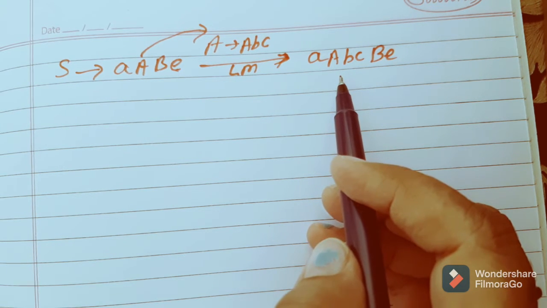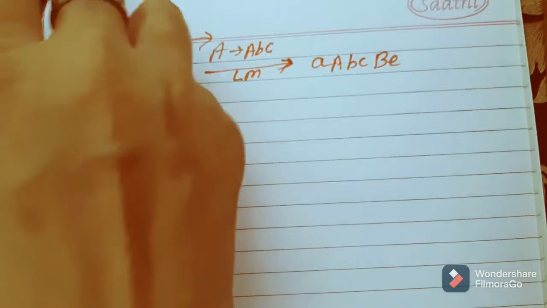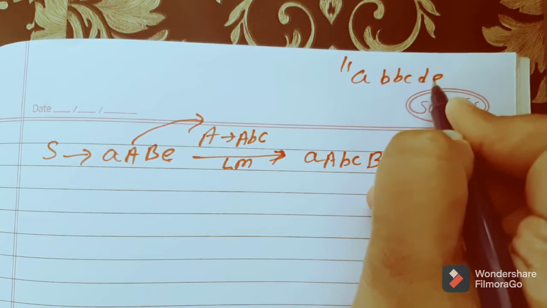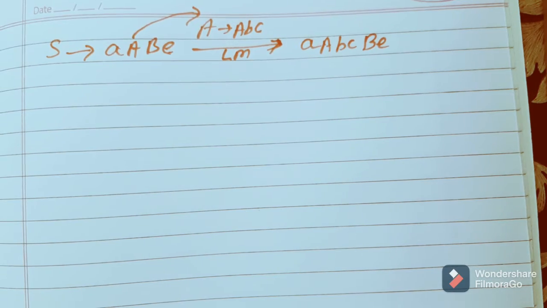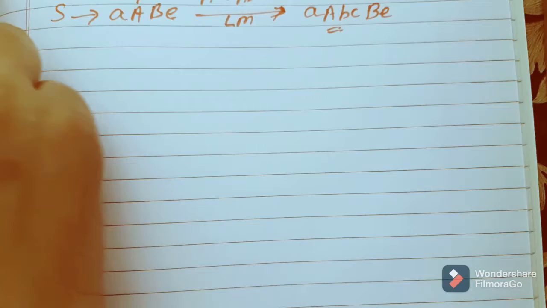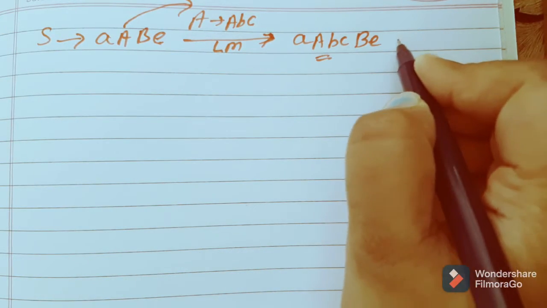Now the input string, I know very well, is A, B, B, C, D, E. This is the input string A, B, B, C, D, E. So here I will replace this non-terminal because I am working from left to right and doing the leftmost derivation, so I will work on this.